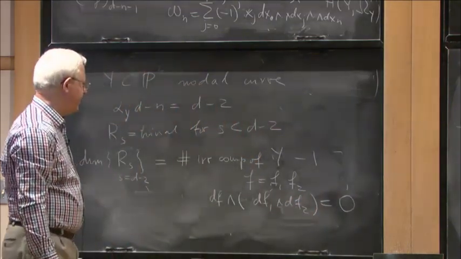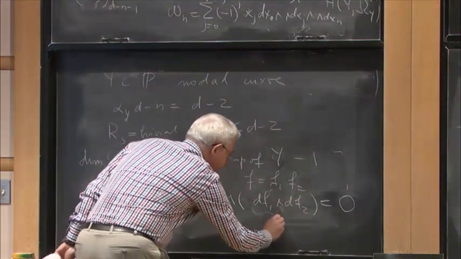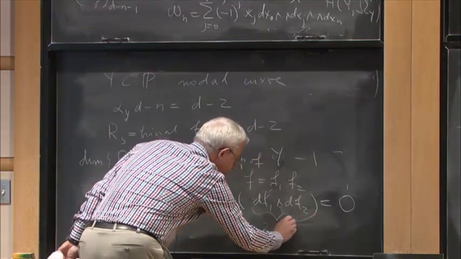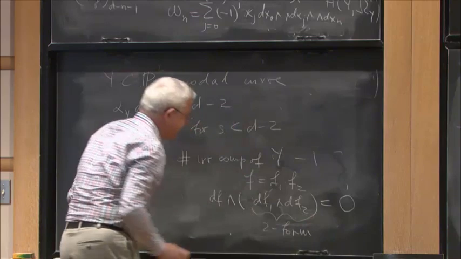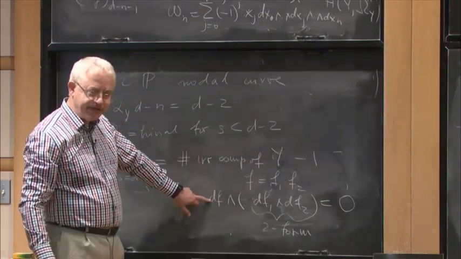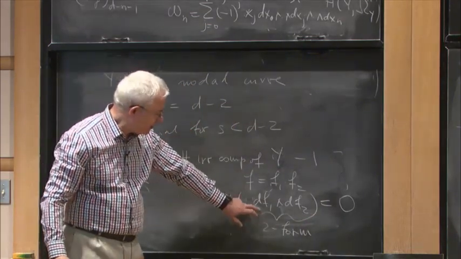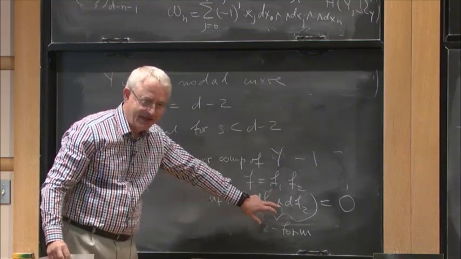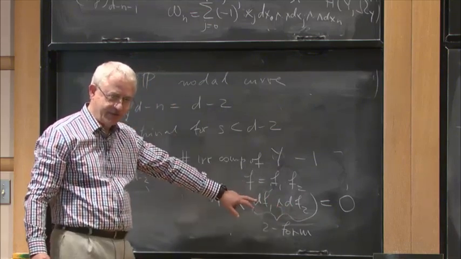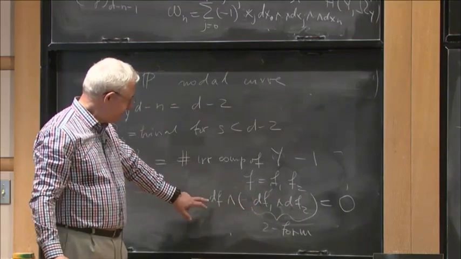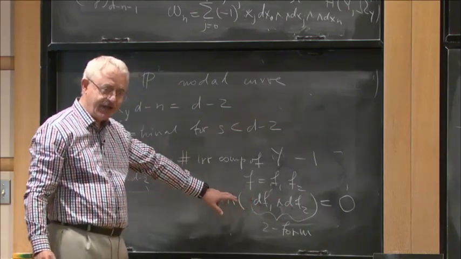A non-trivial relation comes from finding a two-form such that the wedge product with df is 0. And it's enough to take the two-form given by the wedge of the differentials of the two factors, and this gives you a non-trivial relation.